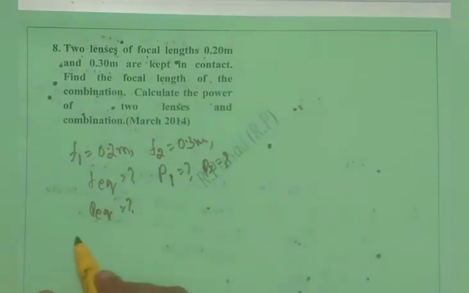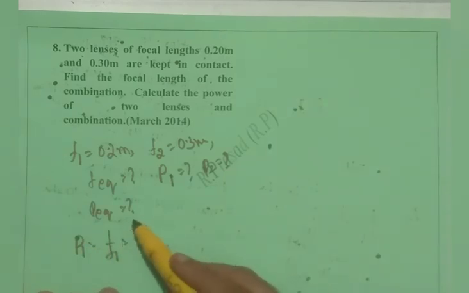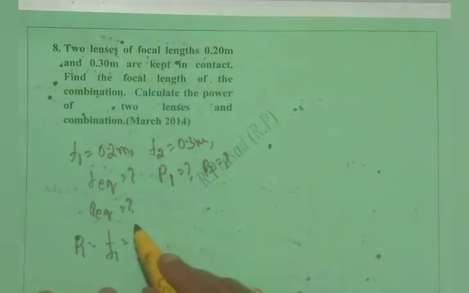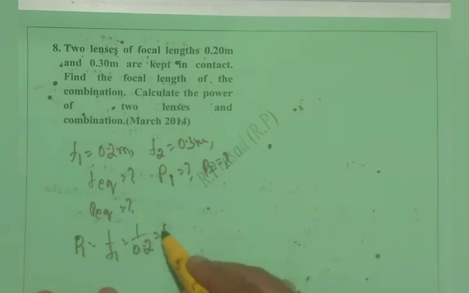First of all, we go for P1 calculation: 1 by f1. Observe before substituting into this formula whether the focal length is given in meters or centimeter. It is given in meters, we can straight away substitute. If it is given in centimeter, you have to convert it into meters. Which amounts to be 5 diopters, because 0.2, 2 by 10 or 10 by 2 is 5 diopter.